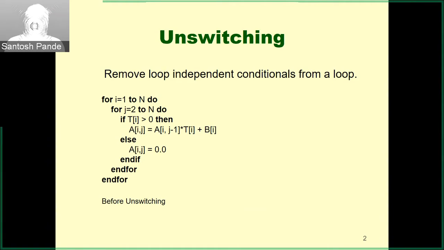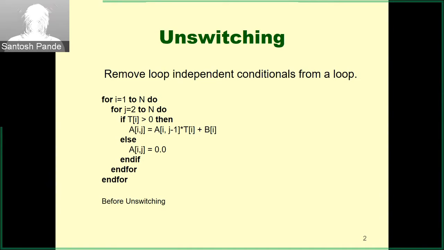Otherwise, if it is any other than that condition, which is negative or 0, then we are just initializing a of ij as 0. So this is a typical sort of stencil code which does some things to transform a of ij into its changed form.